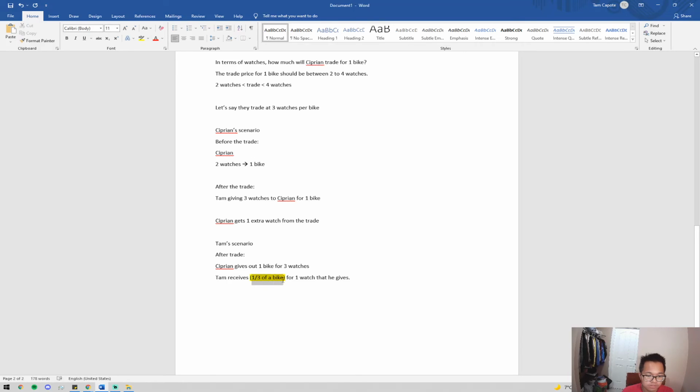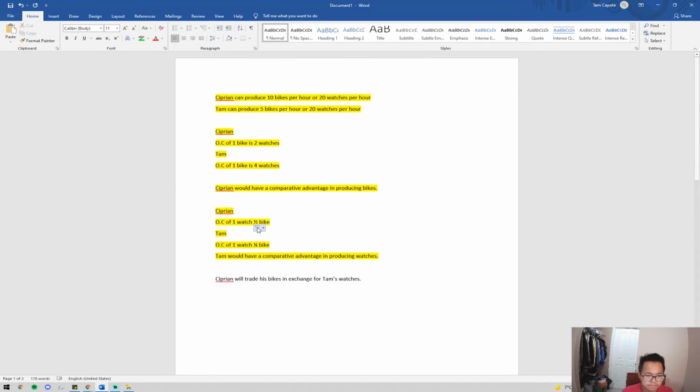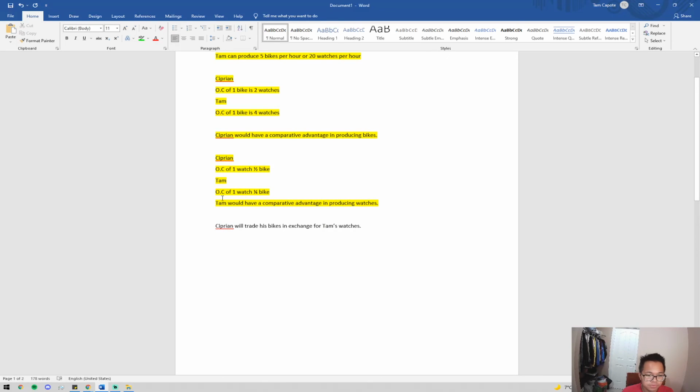So this 1/3 of a bike, if we compare it to before, the opportunity cost, so in producing just 1 watch, he can only get a quarter of a bike, right?